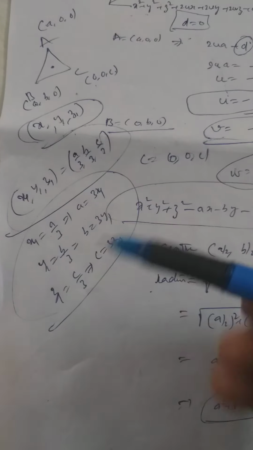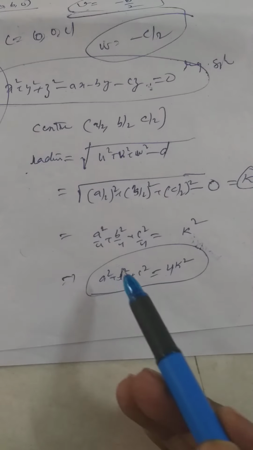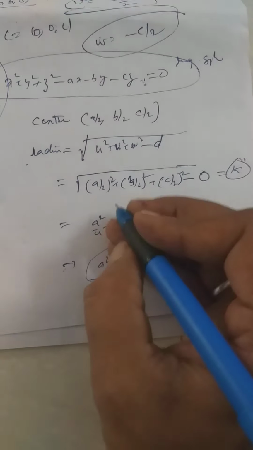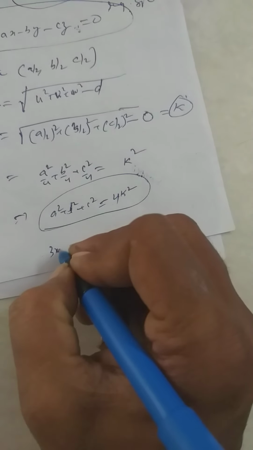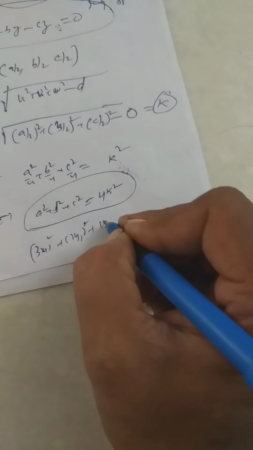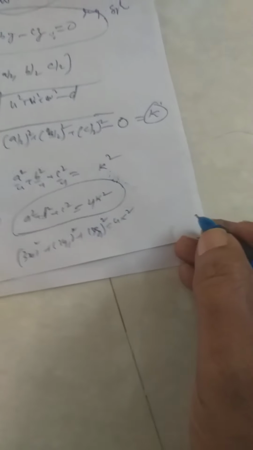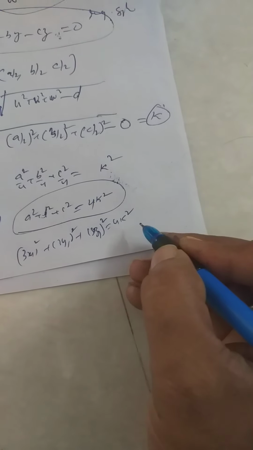Now we know the a value, b value, c value. Substitute the a value, b value, c value here. What will you get here? 3x1 whole square, 3y1 whole square, 3z1 whole square is equal to 4k square, right?